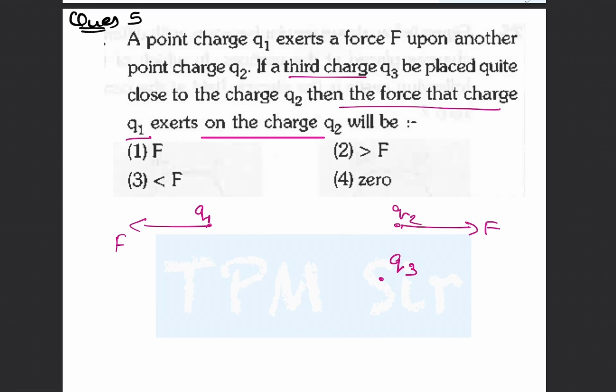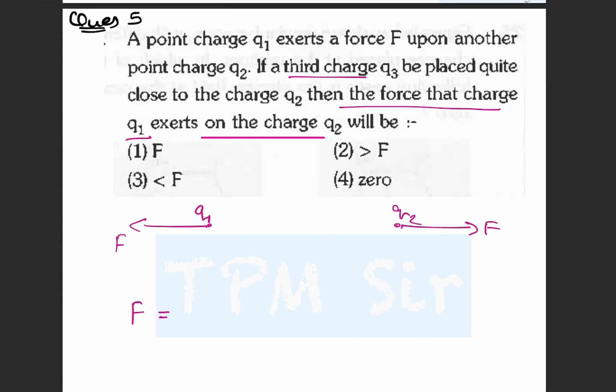Let me just recall what Coulomb's law is, and you will get the answer. Coulomb's law is valid for point charges only, and here we are talking about point charges, so we don't need to think about anything else apart from the statement of Coulomb's law.